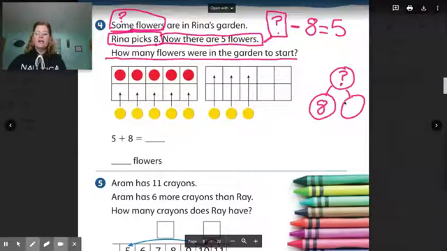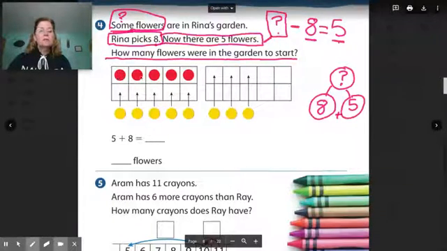And some of you are going to say, oh, it's 8 plus 5. You're right. It is 8 plus 5 equals the whole. Part plus part equals whole. But let's look here. So what numbers do we have? We have 8 and we have 5. So let's use those numbers to see how many flowers were in the garden originally.